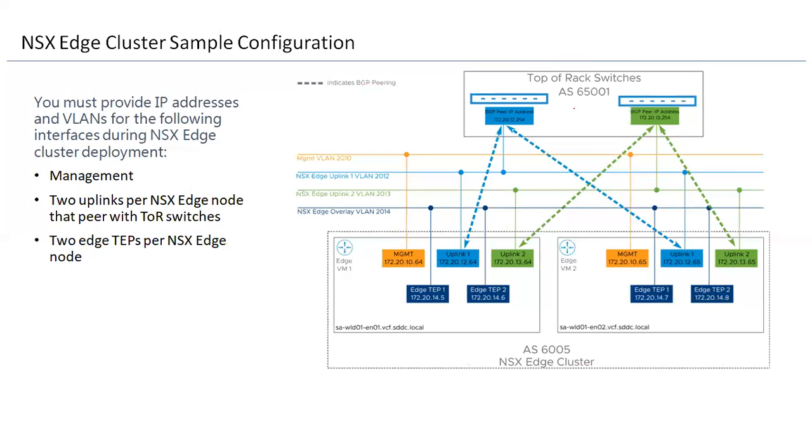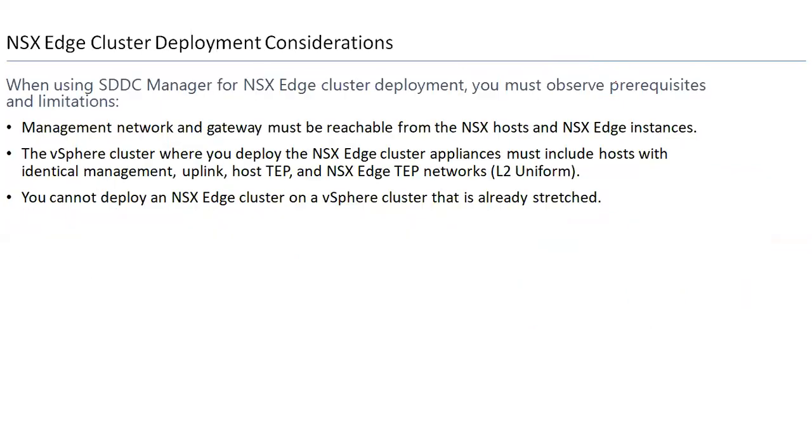For the edge cluster sample configuration, we need 2 uplinks per edge node and 2 TEPs per NSX edge node. The autonomous number should be different from the autonomous number used on the top of rack switch for configuring the border gateway routing protocol.